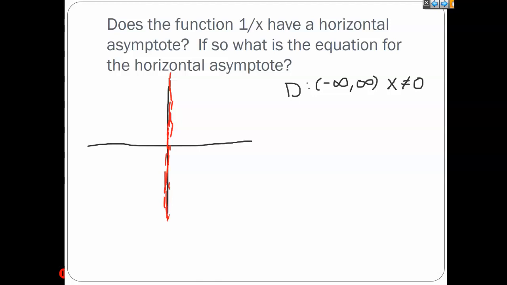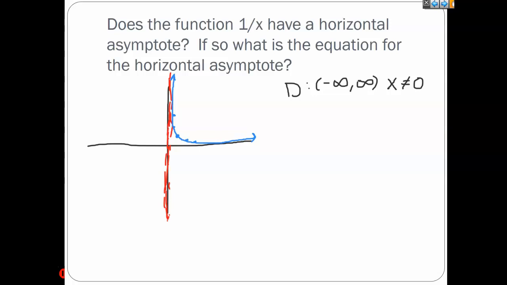And then if you think about the values of x, if you plug in 1, it's at 1. If you plug in 2, it's at a half. 3 is at a third. And if you plugged in something like a half, 1 over a half is 2. So in the positive side, it's increasing and then decreasing.